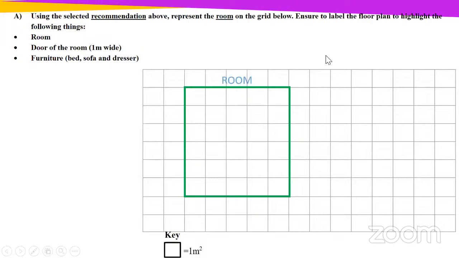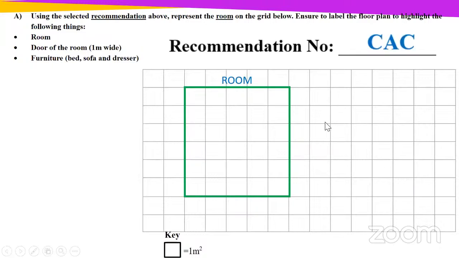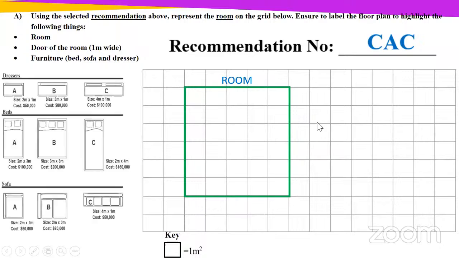So here on my grid, we have our room. Now, in order for us to furnish our room, we need to remember our recommendation. The recommendation is what we are going to be working with. We can't change it at this time of the question. We have to continue with what we had selected.